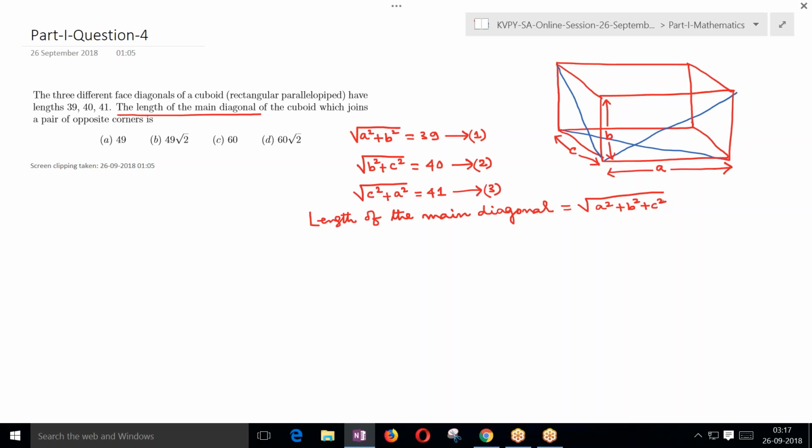Let's see. Now, we are going to make the square of each of the equations 1, 2, 3 and add.